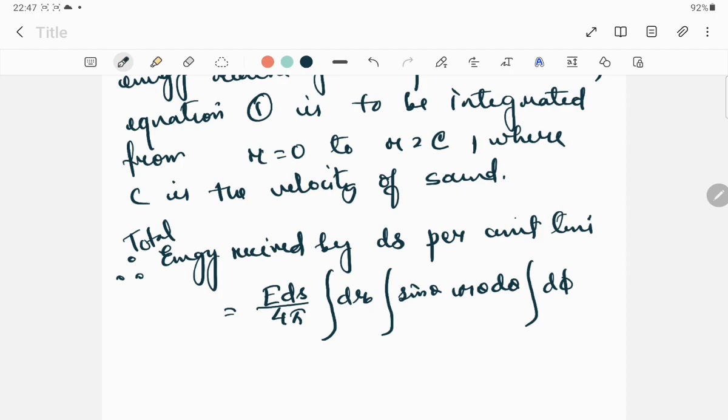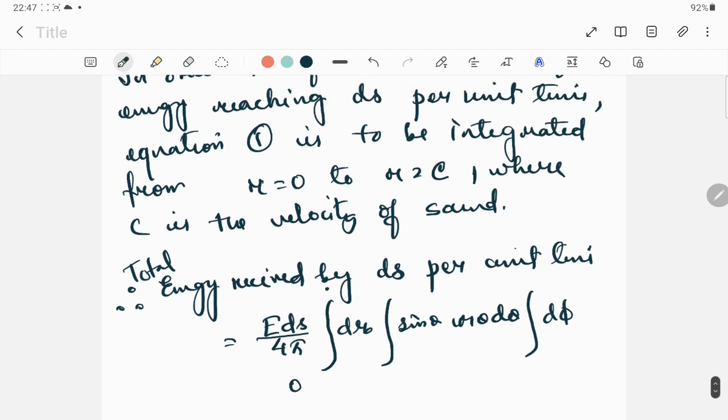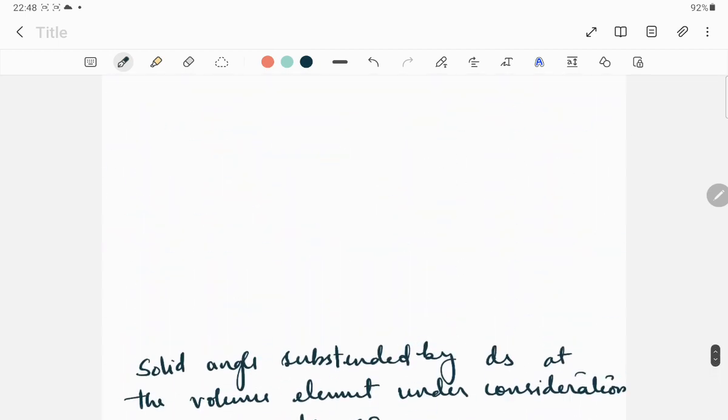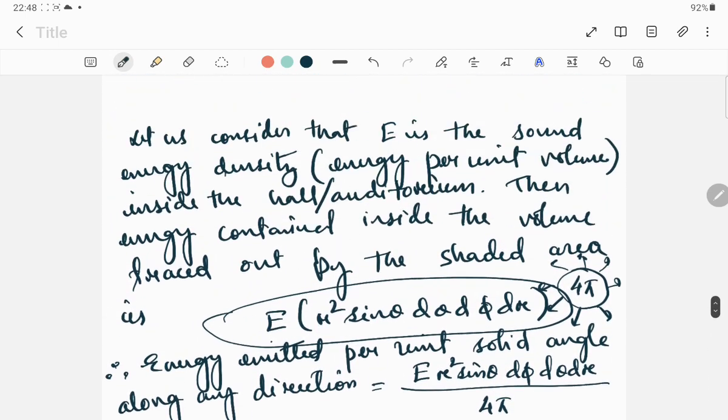We need to integrate all. When we talk about dr, it will go from r equal to 0 to r equal to c. When we talk about theta, let us go back to the diagram. What was theta?